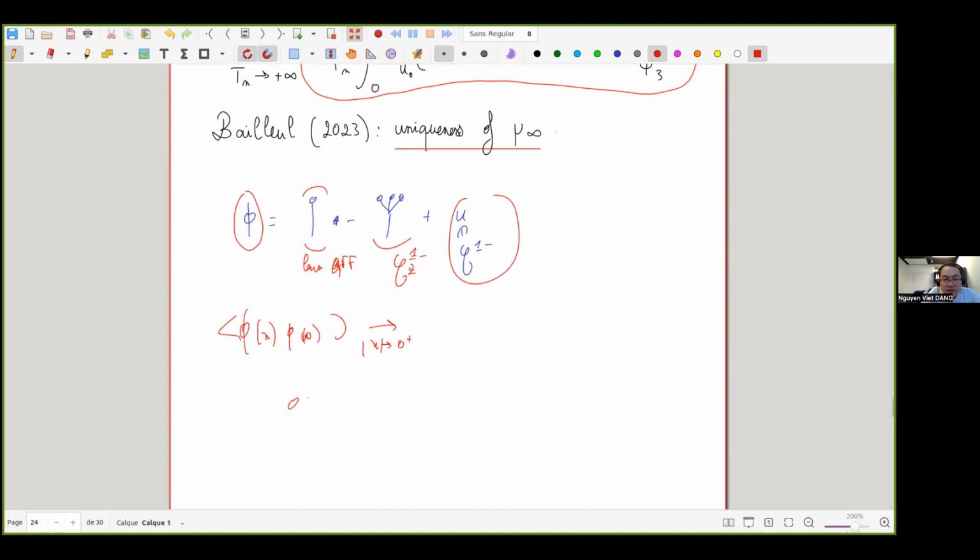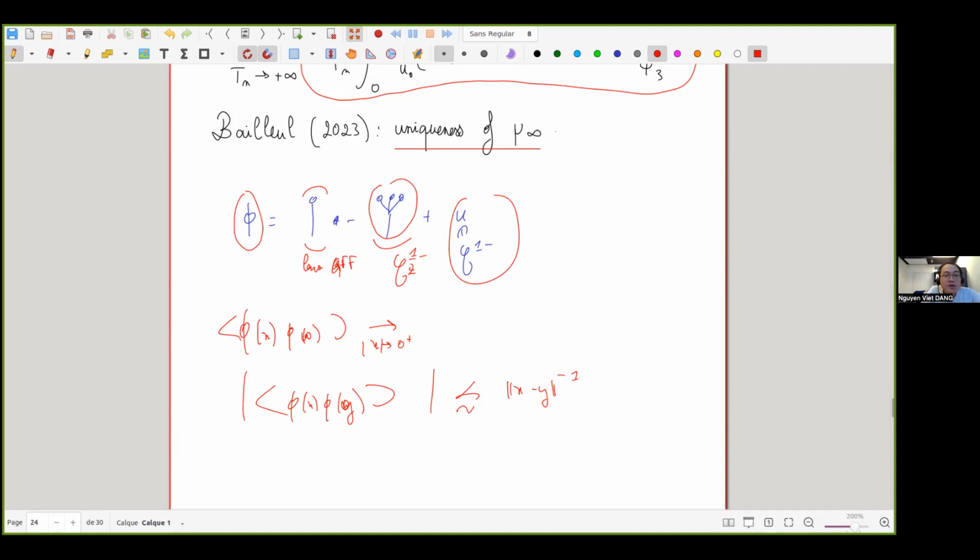So you expect that your 2-point function blows up when x goes to y, let's say, at the same rate as the blow up rate for my friend, the GFF. So |x minus y| to the minus 1. Because you know the Hölder regularity of the pieces in the decomposition. I think this is something cheap that the SPD method gives you access to.